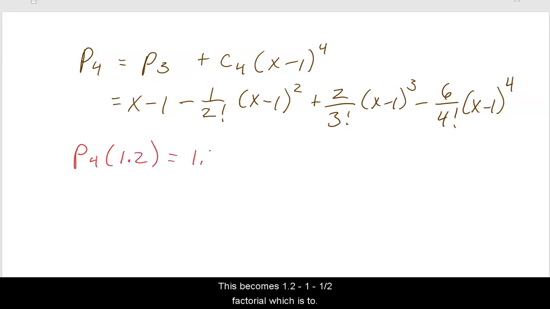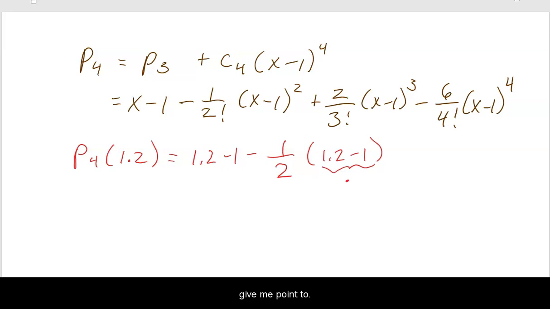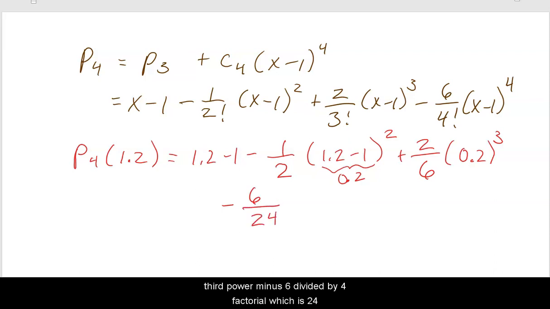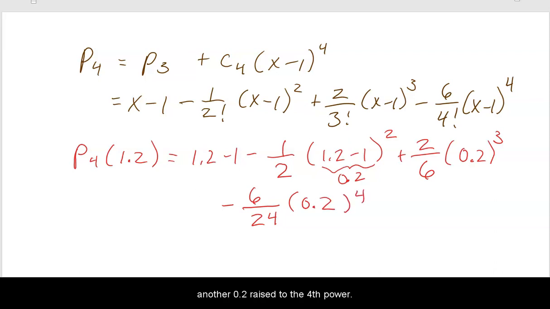This becomes 1.2 minus 1, minus 1 over 2 factorial, which is 2, times 1.2 minus 1, which of course will give me 0.2, raised to the second power, plus 2 divided by 3 factorial, which is 6, times another 0.2 raised to the third power, minus 6 divided by 4 factorial, which is 24, times another 0.2 raised to the fourth power.